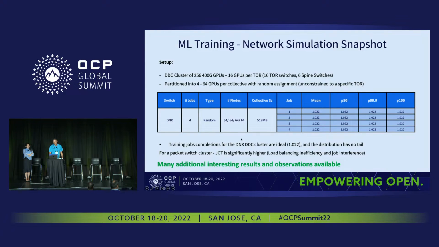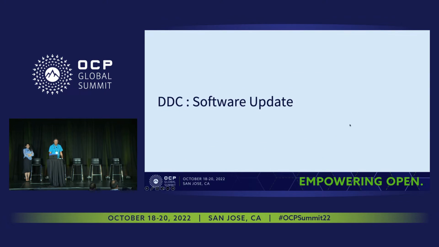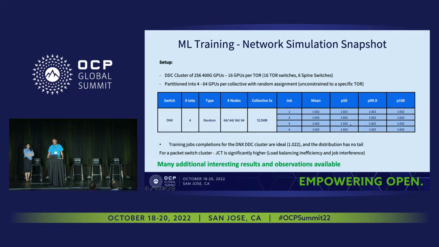So you can see here that the results are ideal. The distribution is ideal as well. There's almost no deviation. And from some results we already have, it's very different with the traditional architecture.